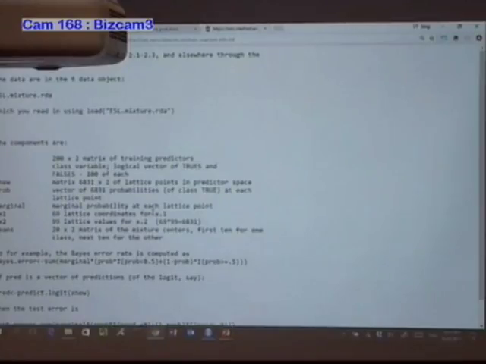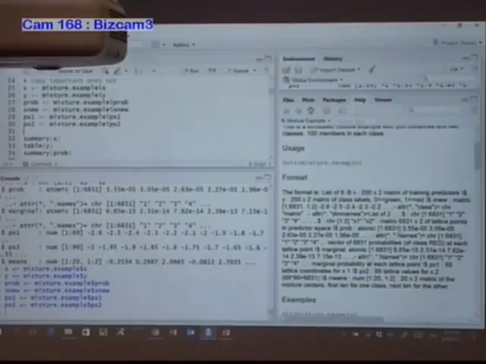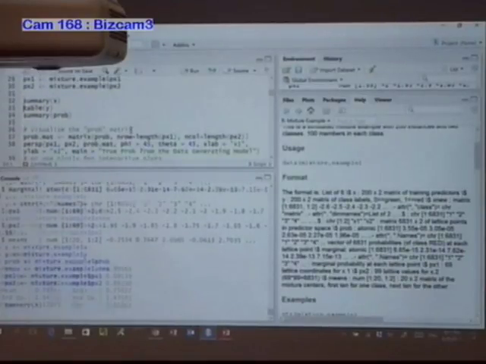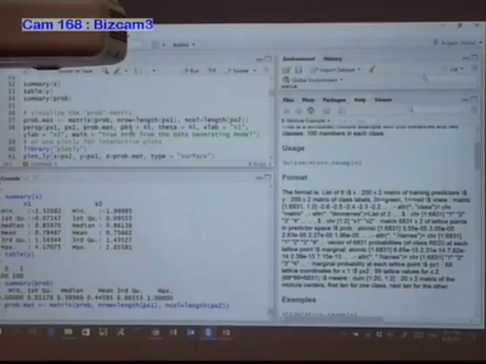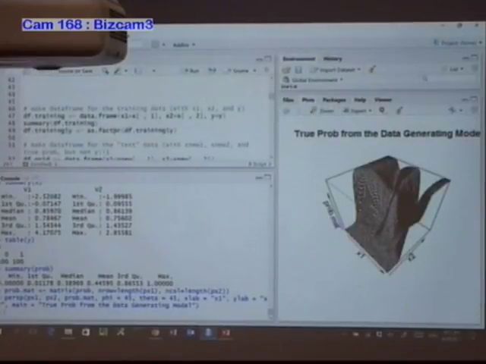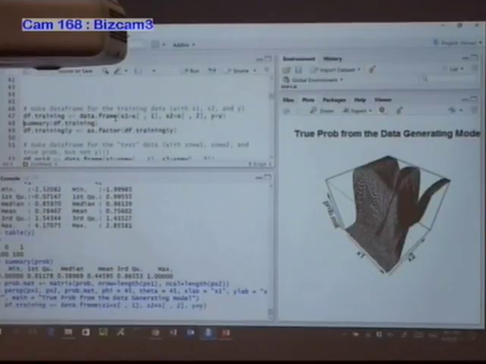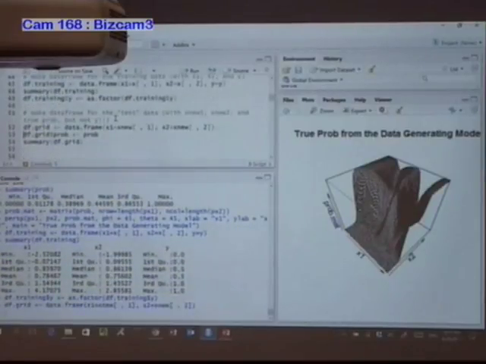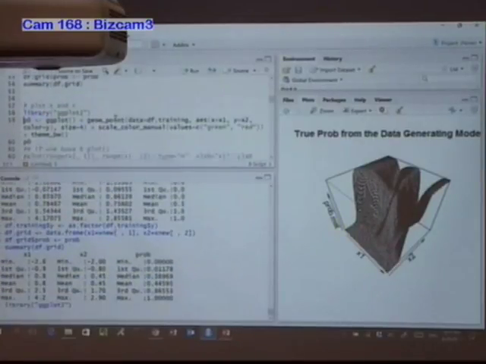But then we say, where's the true boundary? The true boundary, let me plot the true boundary first. Let's ignore this guy. Let me plot the true boundary.